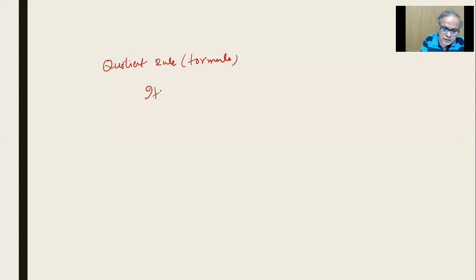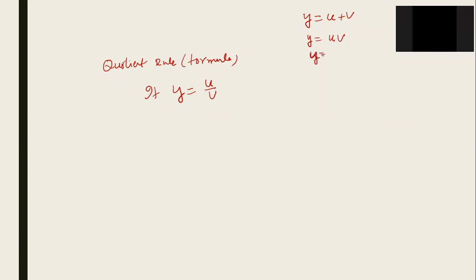If y equals u plus v, we did that. There's no need to do u minus v, both will be similar. So y equals uv rule we did to find the derivative. Now y equals u by v.